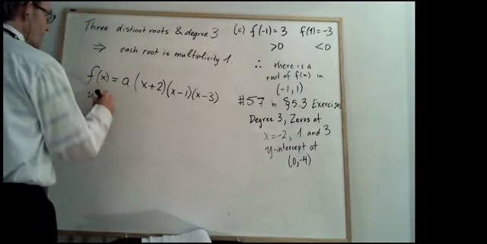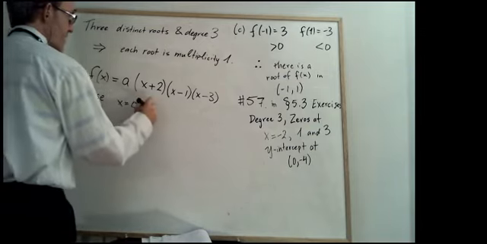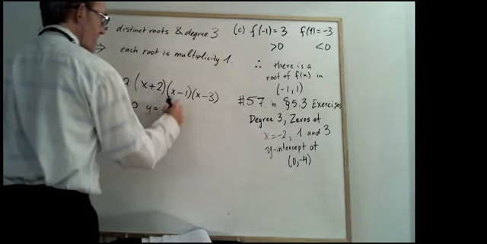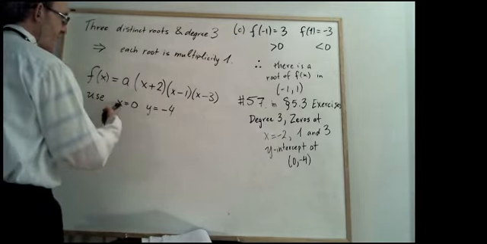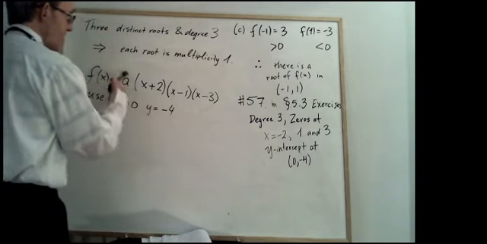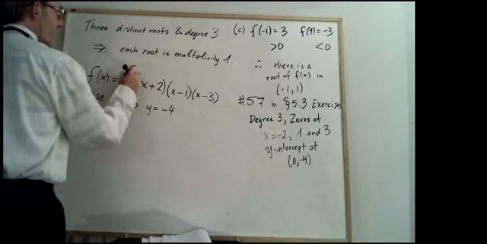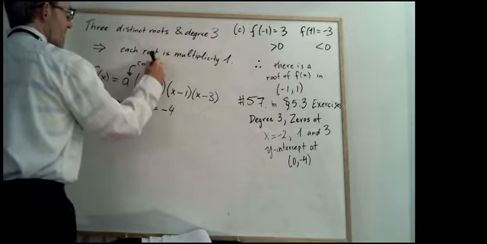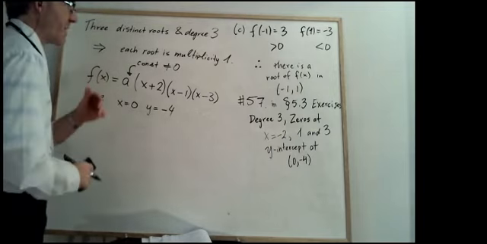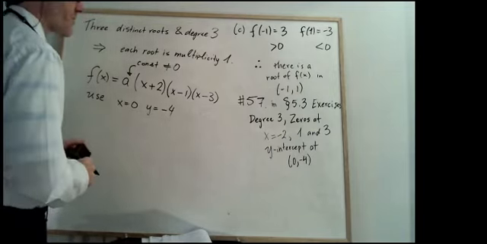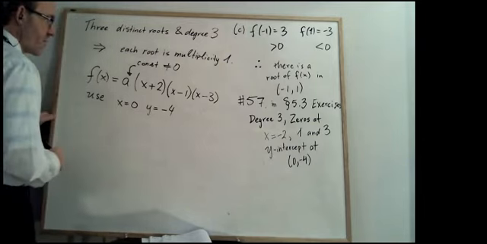So use the y-intercept: at x equals 0, y equals minus 4. All I have to do is plug in x equals 0 into this expression. It doesn't affect this constant a. This is just some constant not equal to 0, otherwise the whole thing is 0, and it's not going to be a degree 3 polynomial anymore.